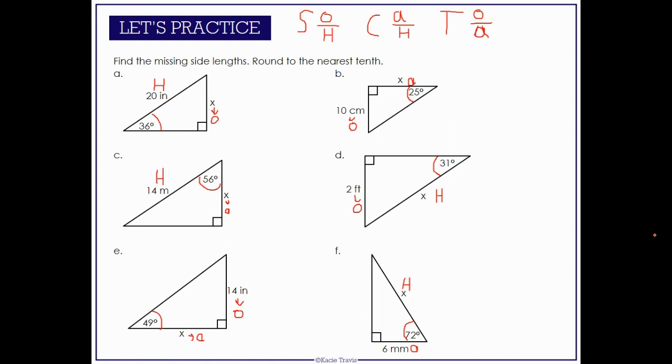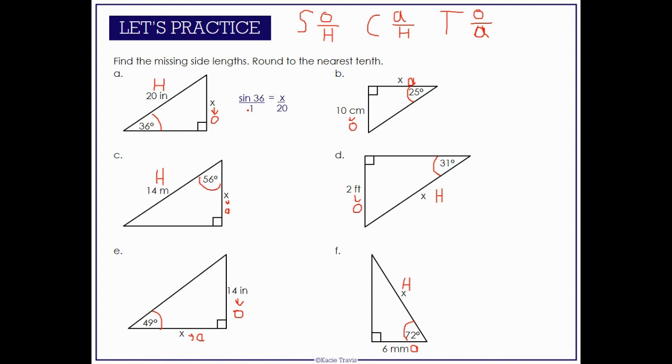So starting off with that, you want to first make up your ratio. Your ratio is with x and 20. So x is up top, 20 is on the bottom. Now, 36 is going to be going with our sine, so it'll help us calculate it. So our equation looks like this. The sine of 36 equals x over 20.